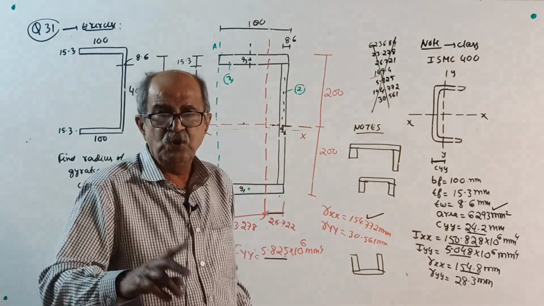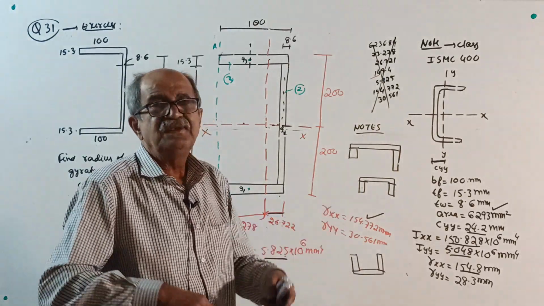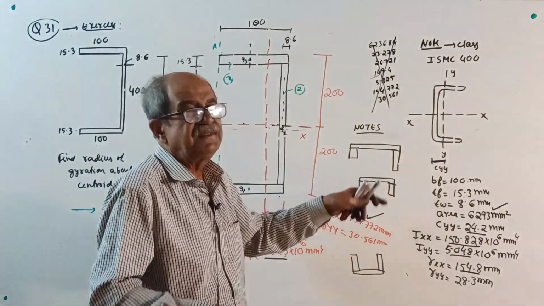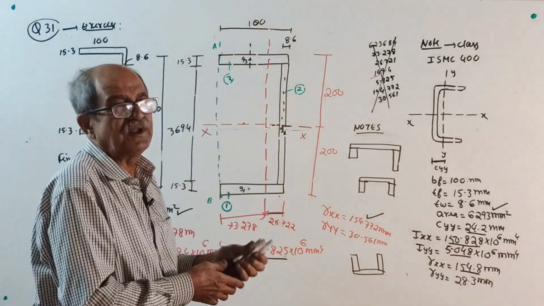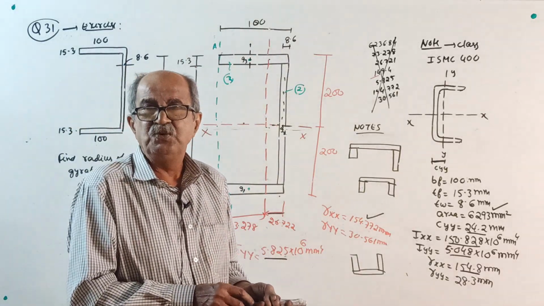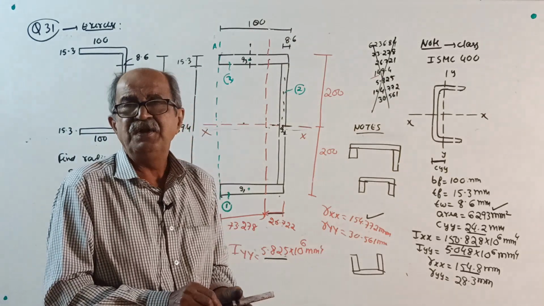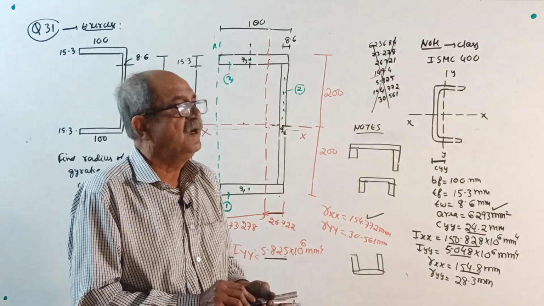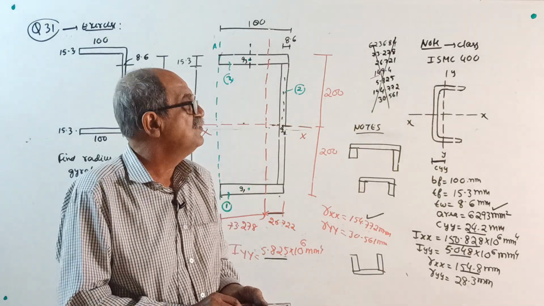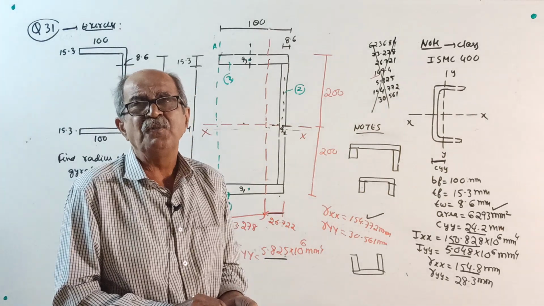I will solve so many questions, but it turns into the same thing, repetition. Once you know the principle, anything you can solve. Up to now, a lot of time is spent and so many questions are solved. Now I am reducing because it is too lengthy a course, and nobody is going through it.